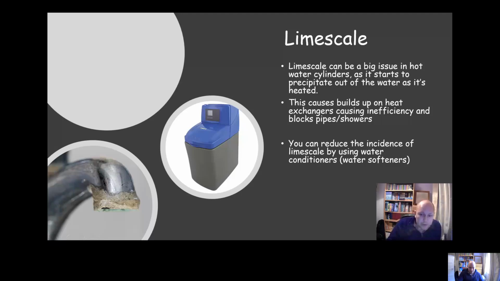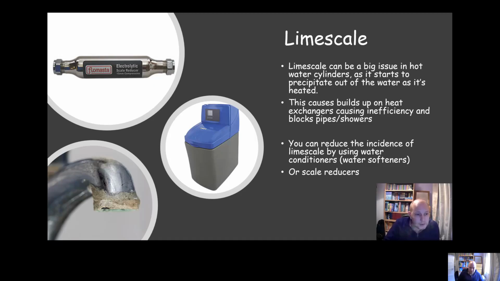You can reduce the likelihood or incidence of limescale by using a water conditioner, as the industry would call it. Most people call it a water softener. And you can see a nice picture here of a base exchange water softener that you'd fill with salt every so often, and they cause reactions which make the salt react with plastic beads which are in there, and then as the hard water flows over the plastic beads after they've been charged with the salt water, I suppose, then the water comes out the other side softened, as a chemical reaction happens on the plastic beads.